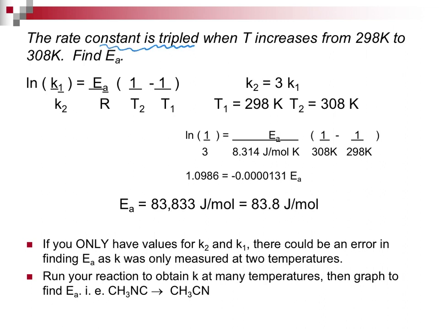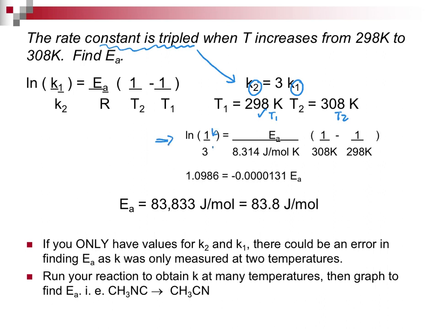We're doing this as a group because I want to show you how to carry this out. When someone says the rate constant is tripled, I say, hey, K2 is equal to 3 times K1. And we have 298 as our T1, 308 as our T2, and we substitute everything into the equation.